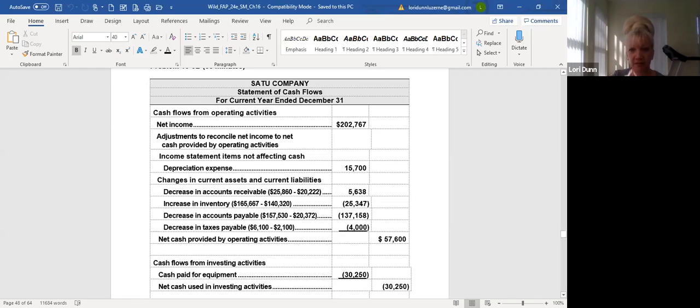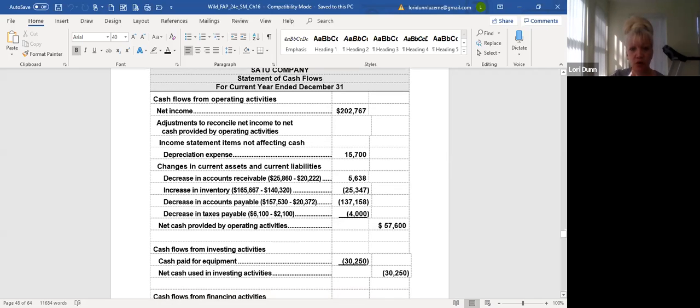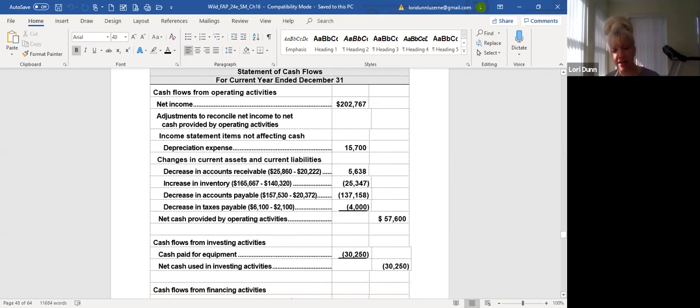Let's go to financing, our last area. This is where we account for changes in cash due to borrowing or paying off loans or bonds that we've sold, or equity accounts. So that's our focus. If you do some T accounts again for those items on our balance sheet, we could help identify why the accounts changed and the impact on cash.